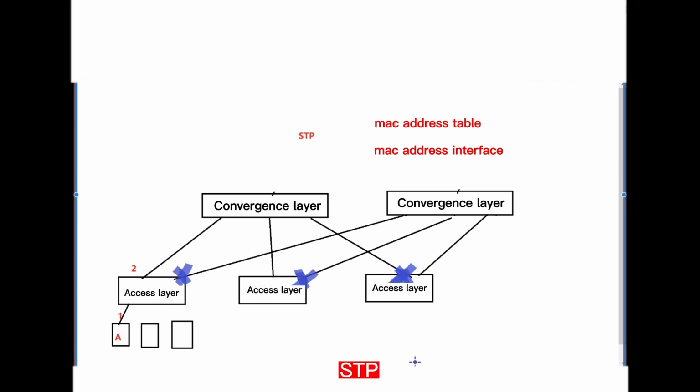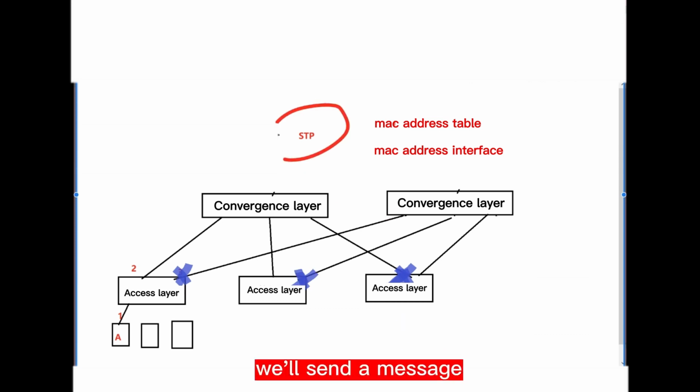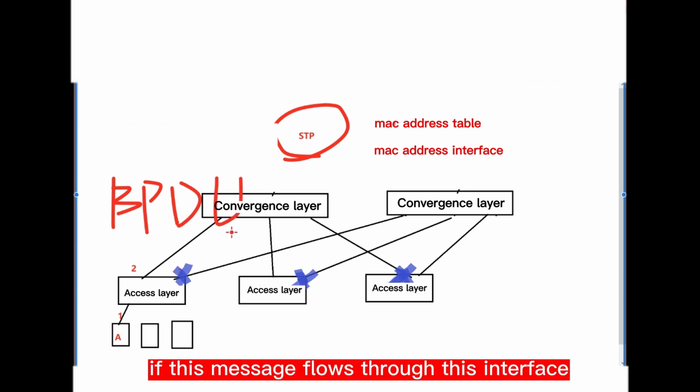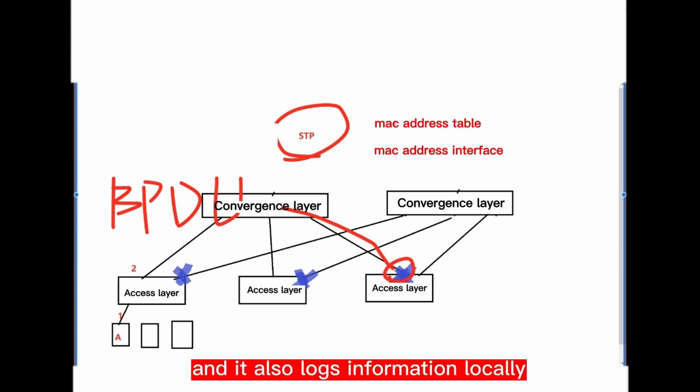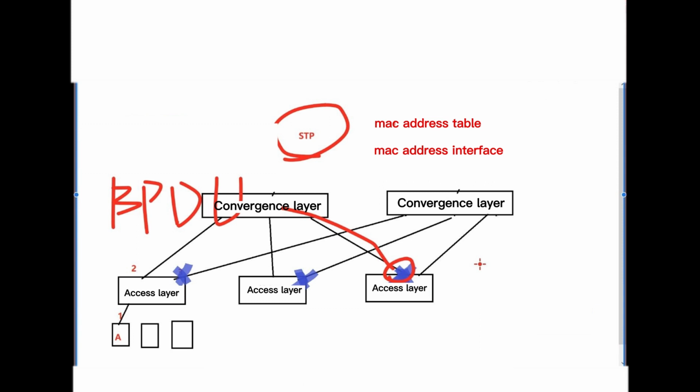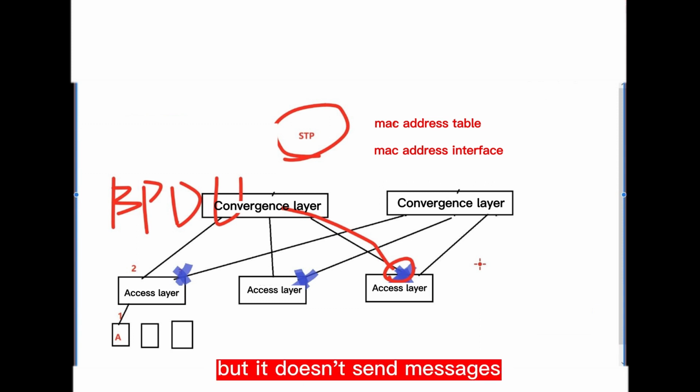After we run STP, we'll send a message called a BPDU message. If this message flows through this interface, this interface can receive it, and it also logs the information locally. That is, it can receive messages, but it doesn't send messages.